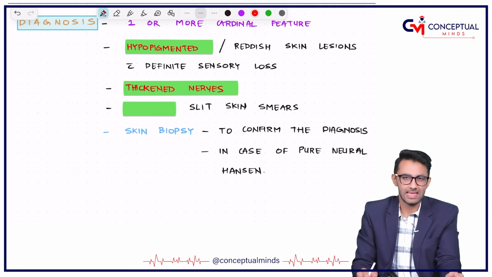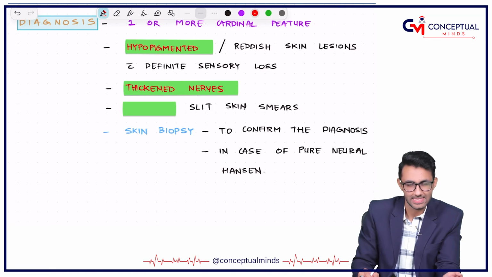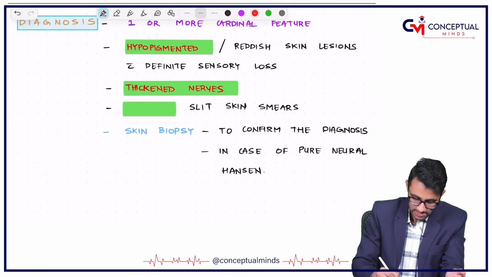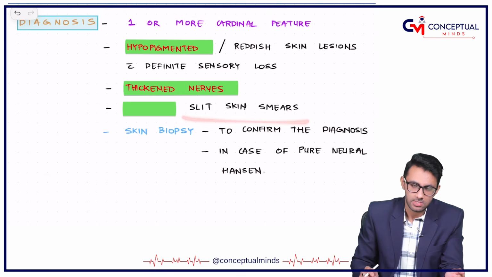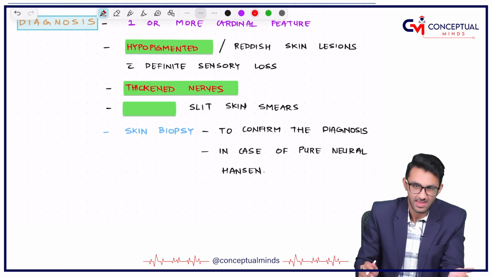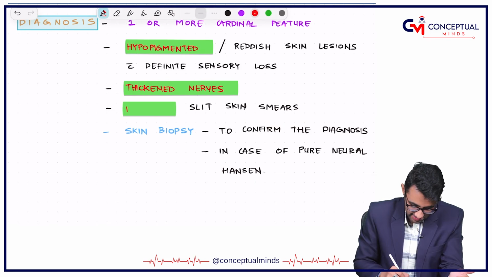And about the SSS, yes, we did something called SSS. What is this? Slit smear examination. Yes, this slit smear examination we see. Over here, what do you think? It should be positive or negative? It should be positive, right? Okay.